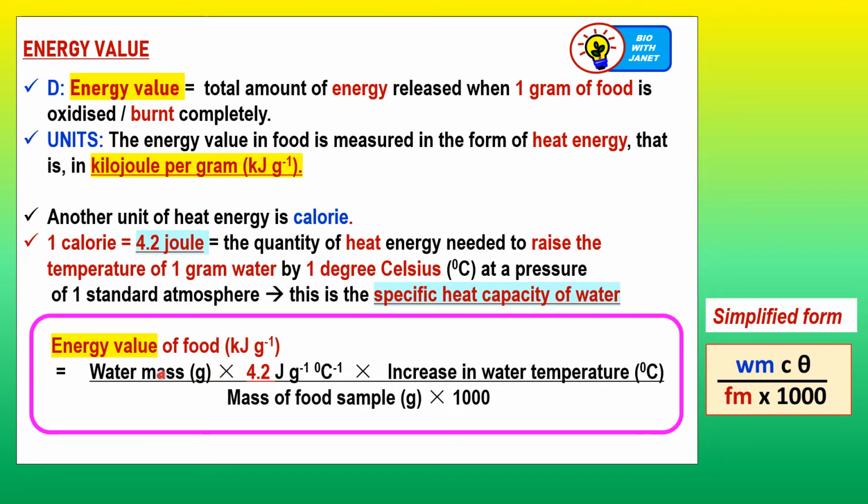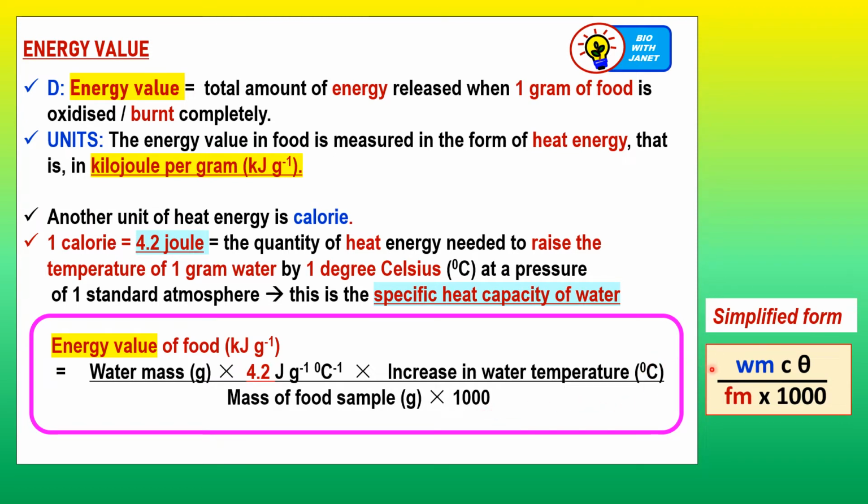Now, the energy value of food is equivalent to the water mass in grams times 4.2 joules per gram per degree Celsius times the increase in the water temperature, and this is divided by the mass of the food sample and also divided by 1000 to convert it from joules to kilojoules.